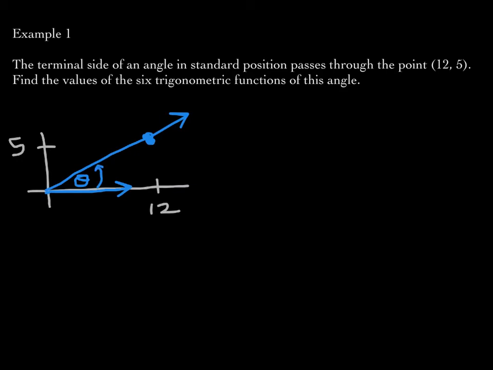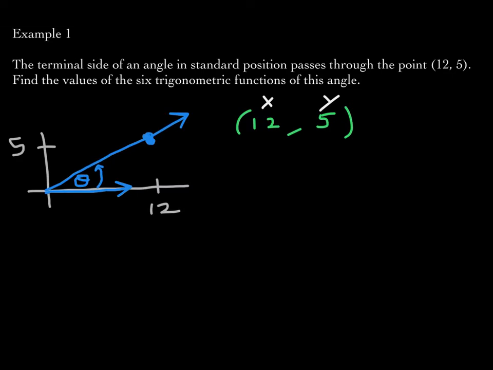All right, everybody? So we are finding the 6 trigonometric functions of this angle theta. Now, when they give us the point 12, 5, let us not forget that 12 is your x value and 5 is your y value.